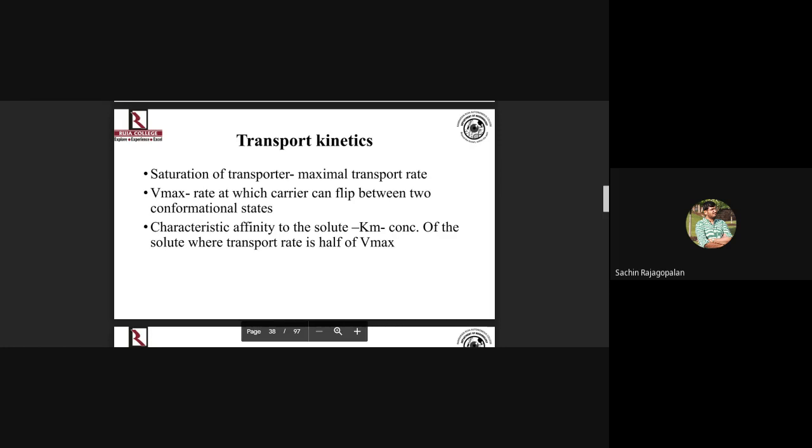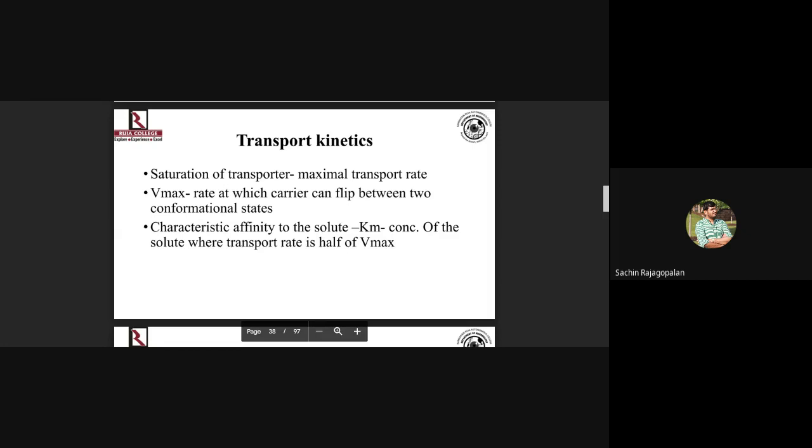So let us say that I have 100 molecules of the solute outside the cell and zero inside. So you need to understand that how fast the molecules will be taken inside the cell will first depend on how many transporters I have, and how many molecules a single transporter can transport at a time.